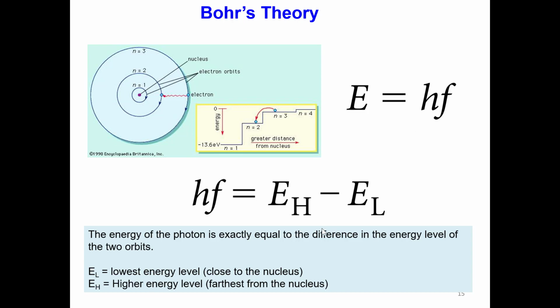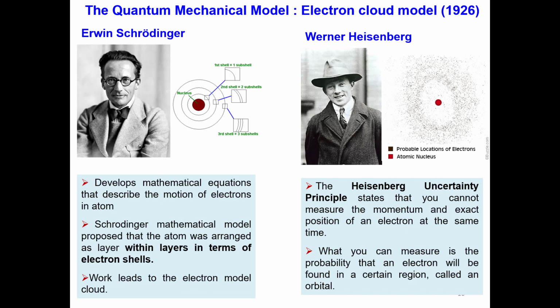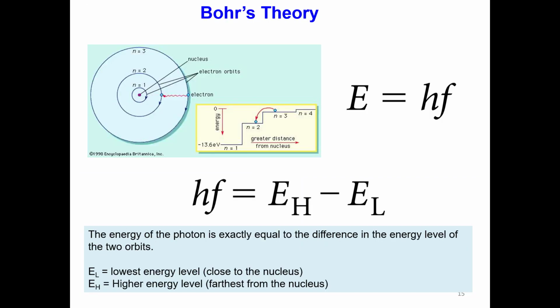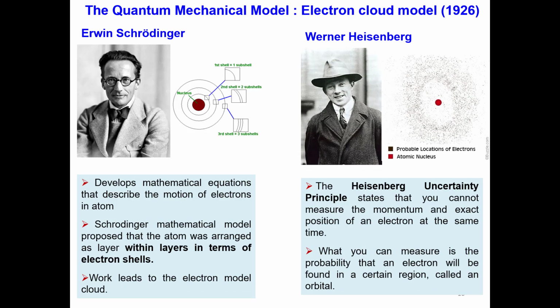Based on this theory, other theoretician scientists developed a mathematical model to explain the motion of the electron in the orbits.